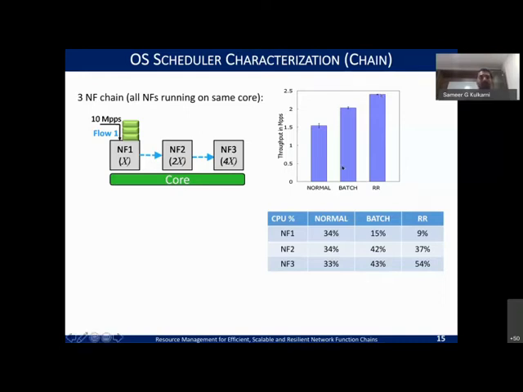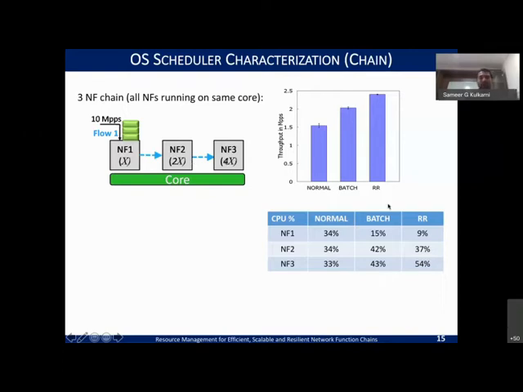And this is happening because of the way these network functions contend for and get the CPU, right? We tried to capture those details, and you can see in the normal case, all got the same CPU. While in batch, it was in order, like NF1 got some portion, NF2 got another, and NF3 got another.